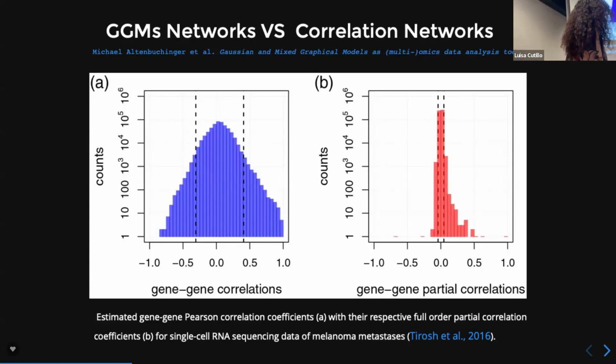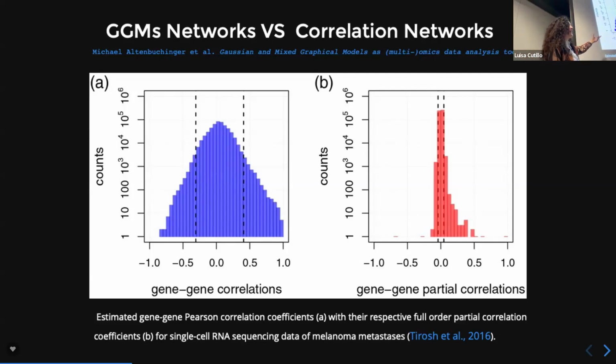But if I look at the partial correlations, I see that the range is practically the same because we go from -1 to 1, while there we're going from -0.4 to 1, but it's much more narrow and much, much sparser. Now, the other main difference is the fact that vanishing correlation is a good indication.